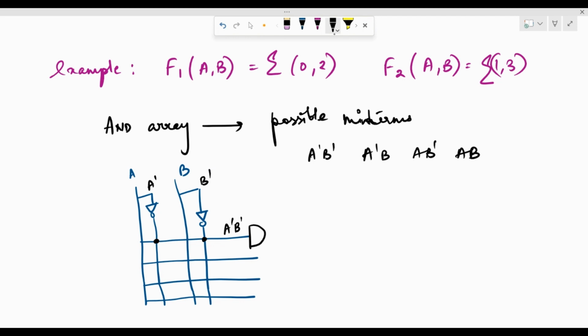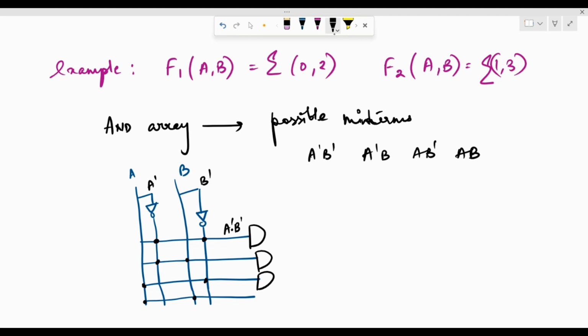Of course, I'm going to use an AND gate over here to represent this AND symbol. The second minterm is A' B. The third minterm is AB', so here and here. And the last one is AB.